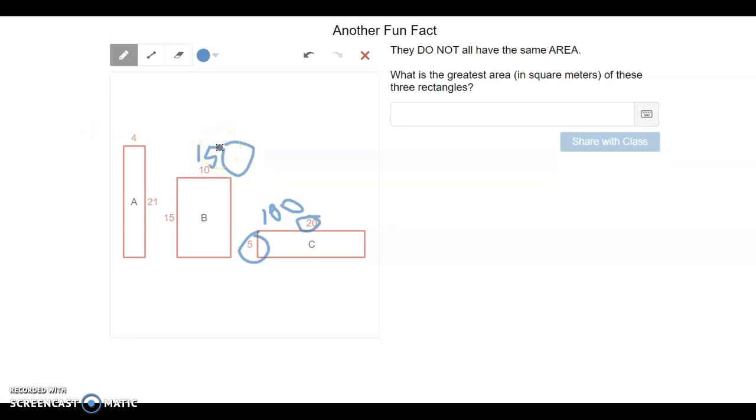And 21 times 4 is going to give me 84. So it looks like B has the greatest one, and it is 150. When you share it with the class, you'll see other responses.